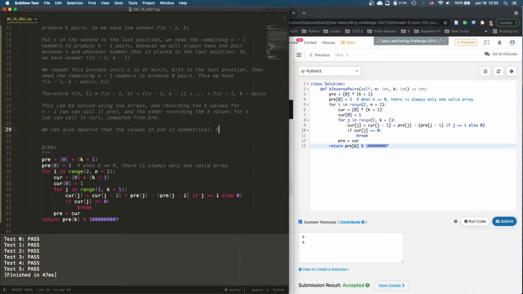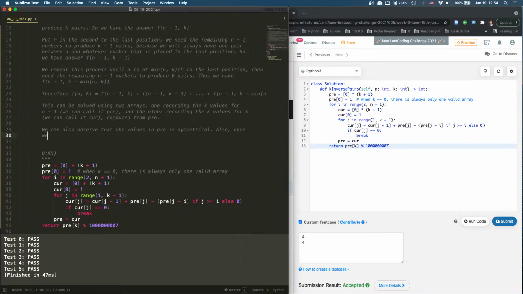And also, once we hit a 0 value, the rest of the elements in the array will remain 0. So I have O(kn).